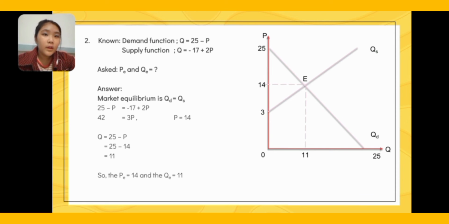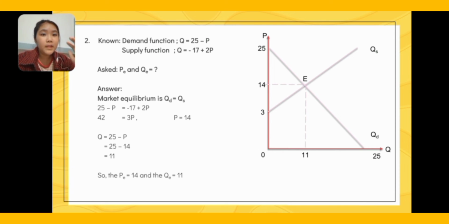Here, the demand function Q equals 25 minus P is the quantity demanded. So 25 minus P equals the quantity supplied, minus 17 plus 2P. Then minus 17 moves to the left, which means 25 plus 17 equals 42.